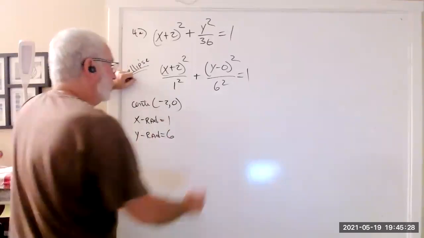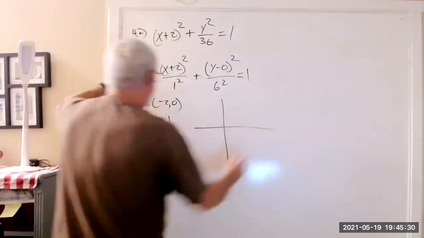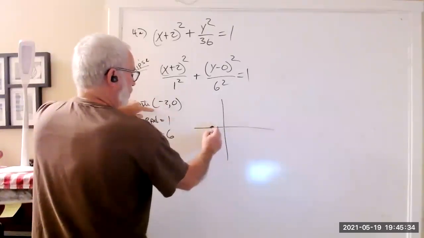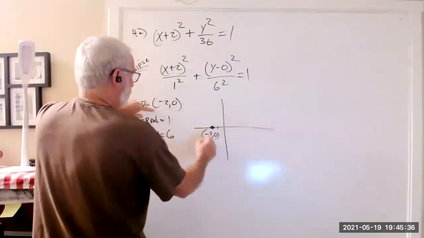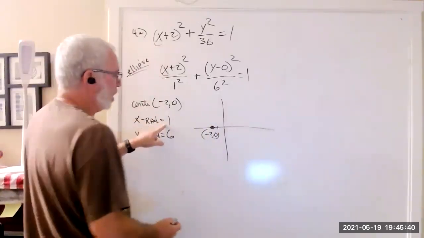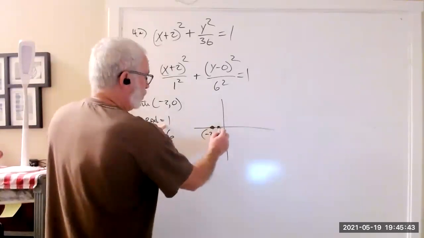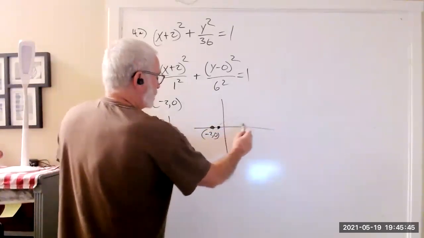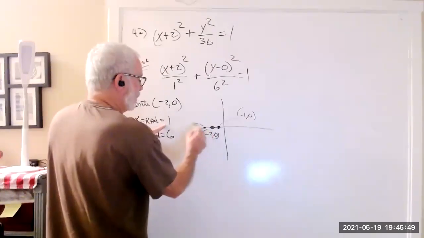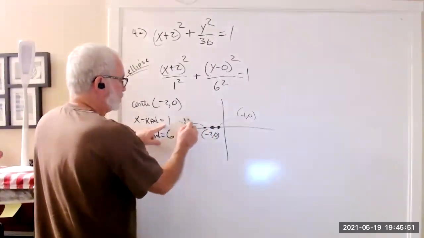Okay, so I go to -2, 0. My x radius is 1, so that says go over 1. This is going to be -1, 0, or go backwards 1. This is going to be -3, 0.